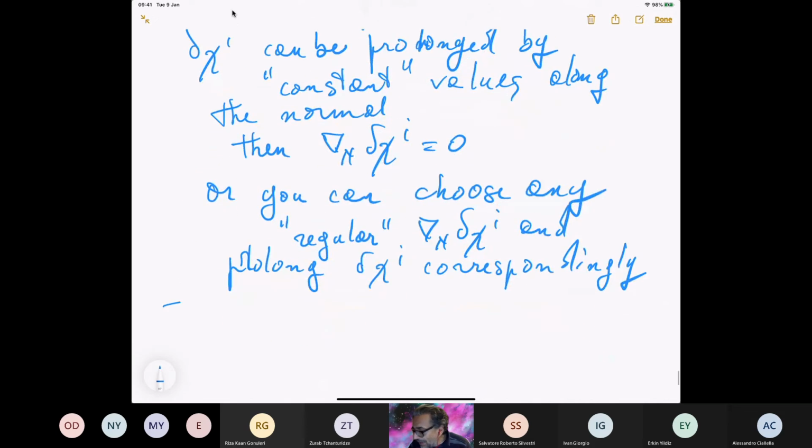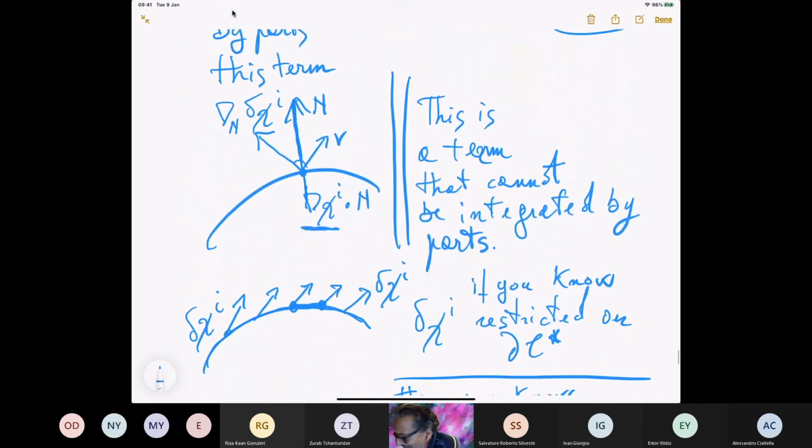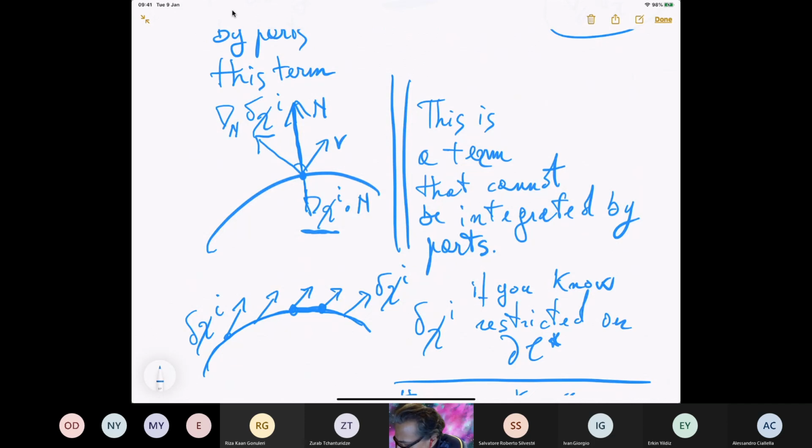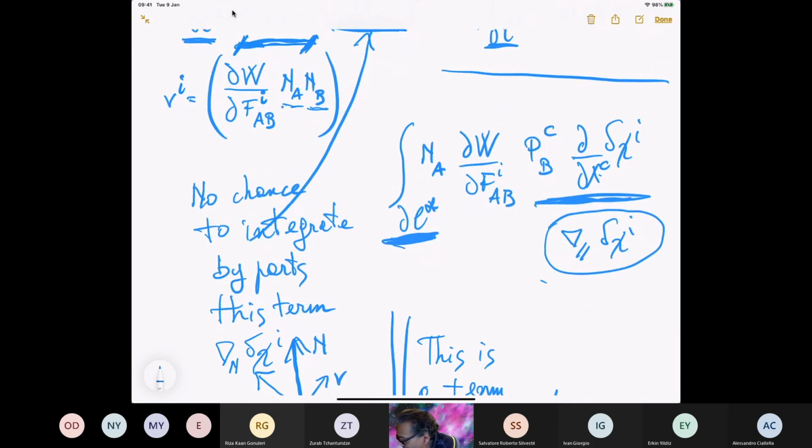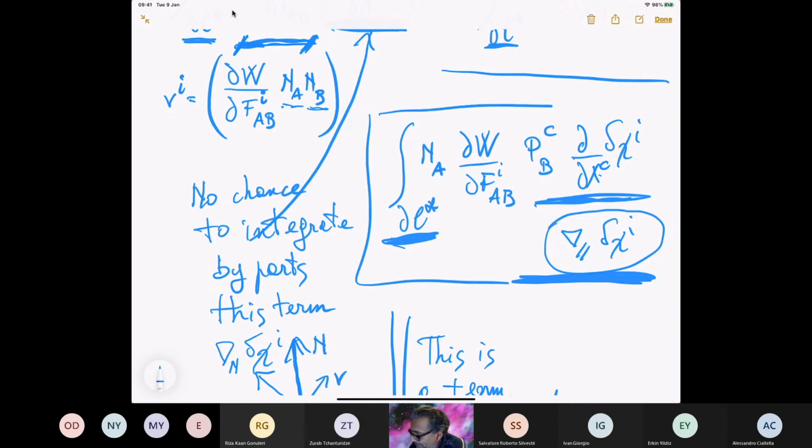I am here using more or less the words used by Lagrange and Piola in this context. So first thing is that delta Ki and the normal gradient of delta Ki are independent quantities. On the other hand, you can integrate by parts this gradient on this addend, so that you can get rid of this tangent gradient. And this is what we will need to do next.